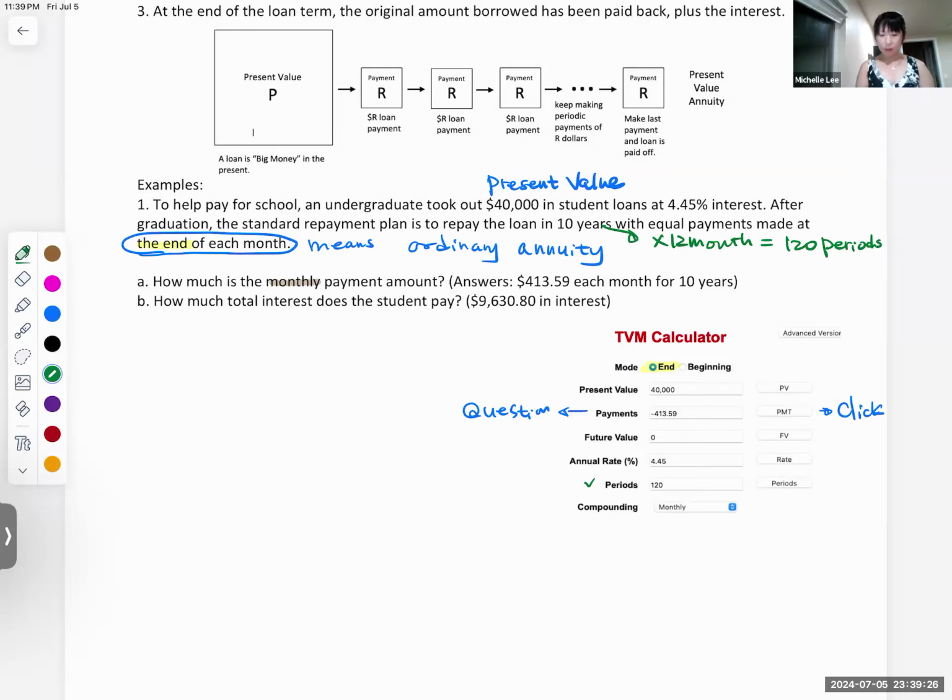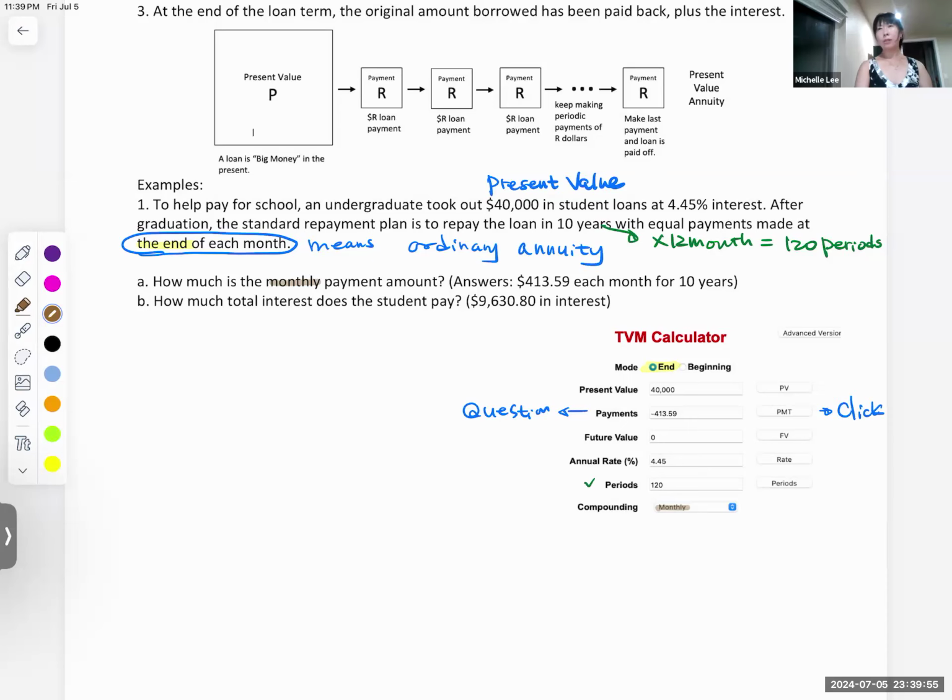And since they said monthly, the compound is monthly. Okay, then the number is $413.59 every month for 10 years.